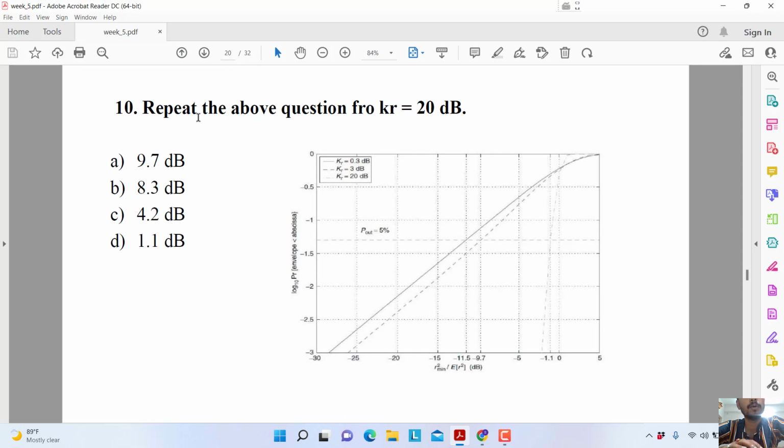Similarly, repeat the above question for KR equal to 20 dB. And this time we have to consider this curve. This curve is given for the 20 dB, and outage probability is also 5%. We have to find the fading margin for that curve. Please let me know which is the right option.